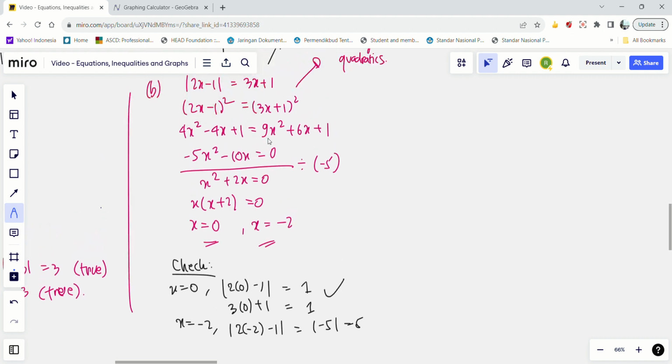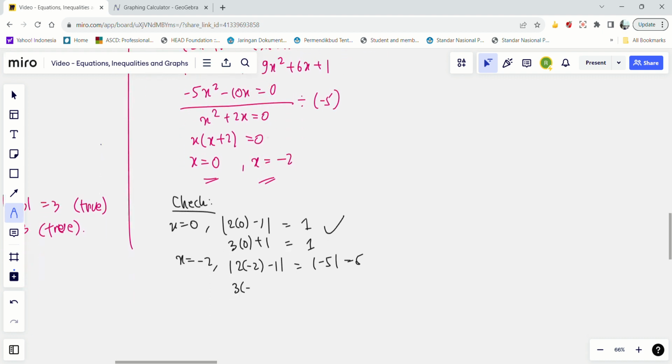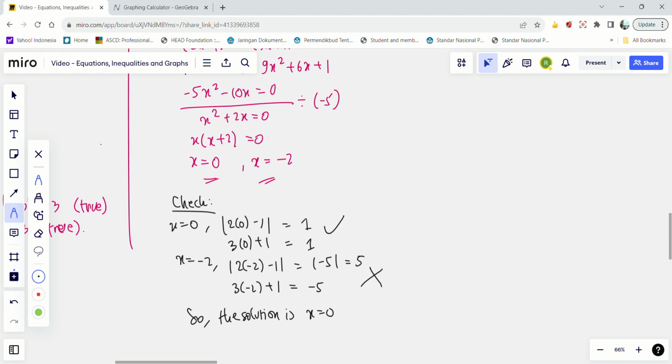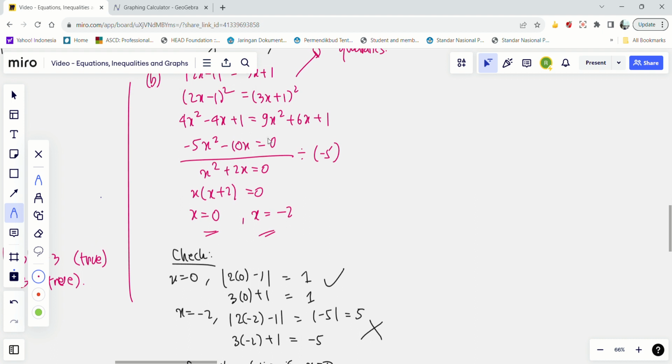And the problem comes with the right one: 3 times -2 plus 1 gives us -5. In terms of the number 5, they are the same, but this is negative and cannot equal a modulus, which cannot be negative. So this one is not okay. So the solution is x equals 0, consistent with the previous video, the concept.